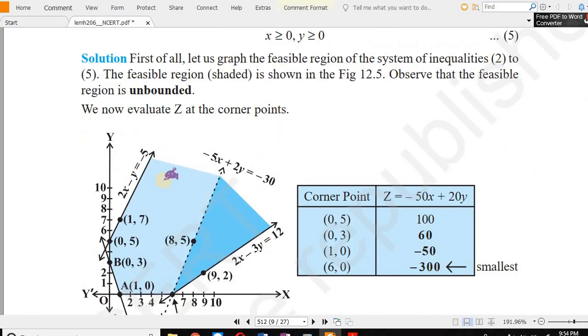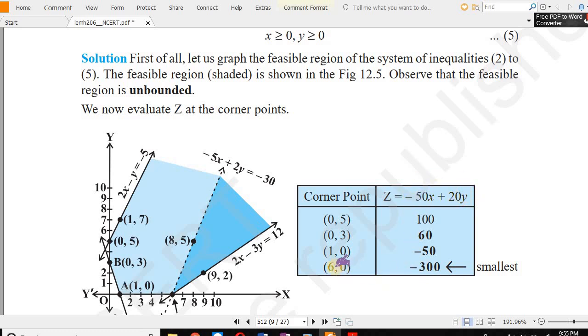All right, in this particular case, as I mentioned, the blue gives me the feasible region, and my objective function is z equals minus 50x plus 20y. Now, of the 4 corner points, this had the smallest value. So we want to know if that's the optimum. Well, this corresponds to minus 300 equals minus 50x plus 20y.